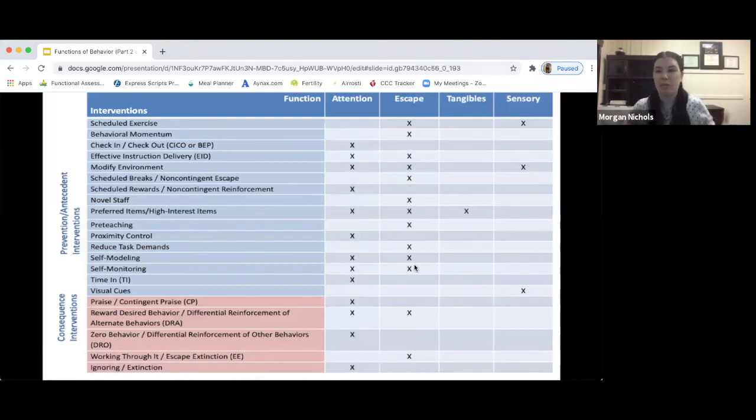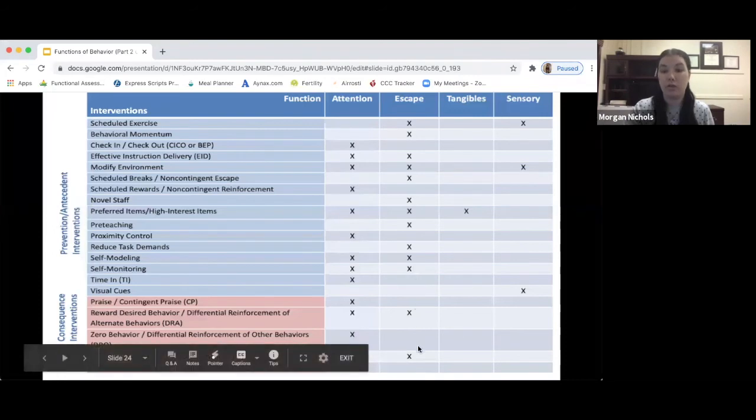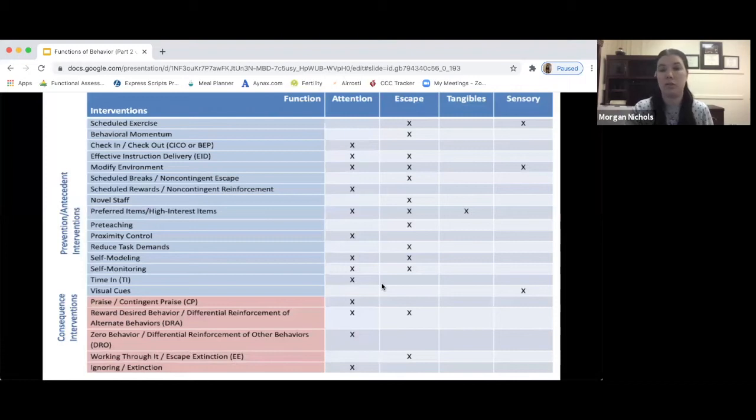But even though we put all those things in place, he still ran out of the bathroom this morning, of all mornings, just because of a setting event. He woke up tired and cranky, right? That made it more likely that the running out of the bathroom was going to occur. It made it more likely that the problem behavior is going to occur, right? So even though we have all these things in place, he tries to run. So what we can do is work through it, or do escape extinction, which is a specific protocol that I'll go into in the next slides.